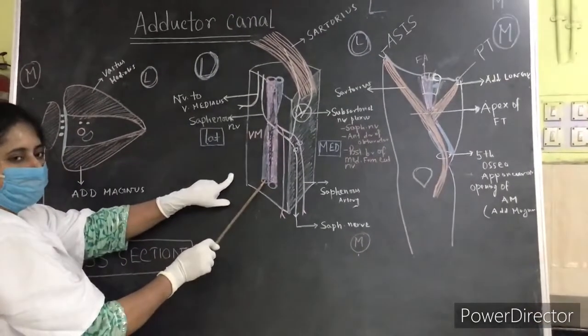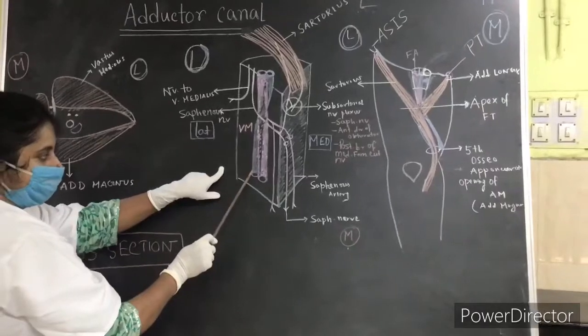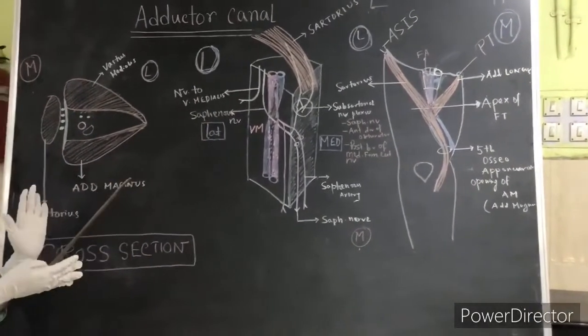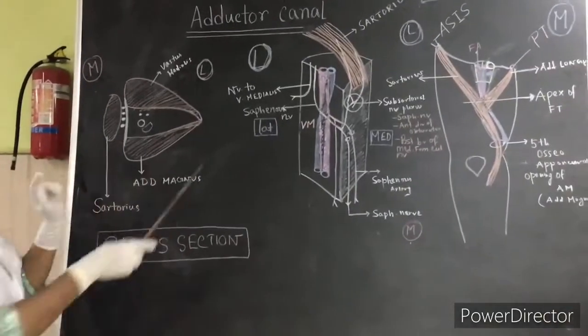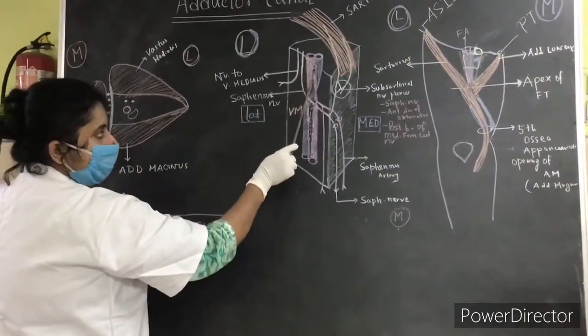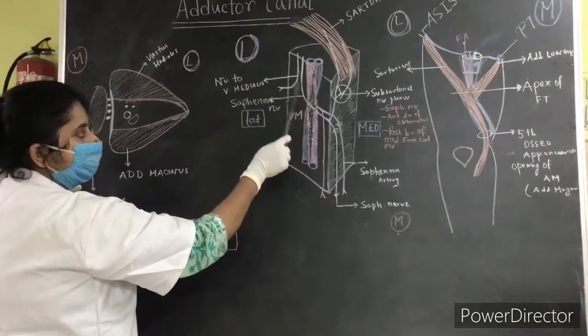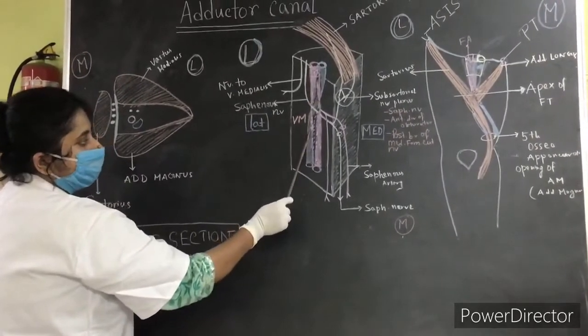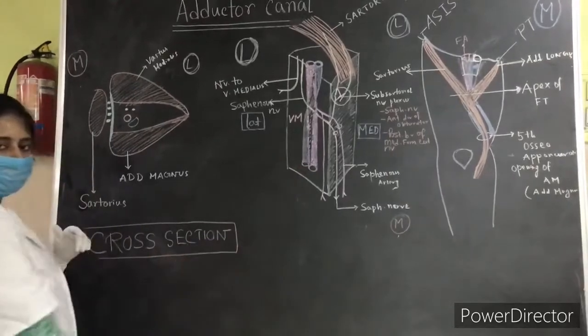Okay, so in femoral triangle, vein is the medial aspect of the artery. In the upper part of the adductor canal, vein is in the posterior aspect of the artery. Then in the lower part of the canal, it is in the lateral aspect of the artery.